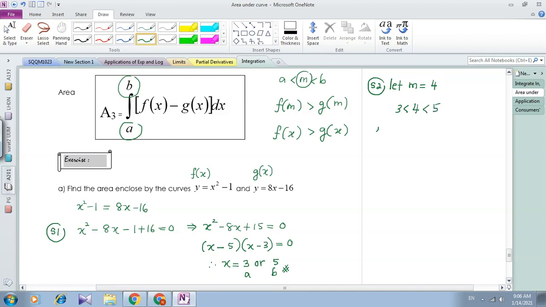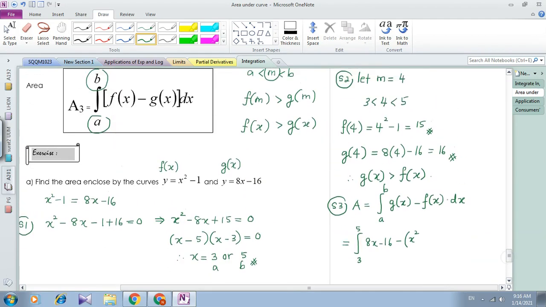Let's replace the value 4 inside our functions. What is f(4)? f(4) is 4 squared minus 1, which is 15. Observe that g(4) is 16. So we can see that g(4) is greater than f(4), so we can conclude that g(x) is greater than f(x).